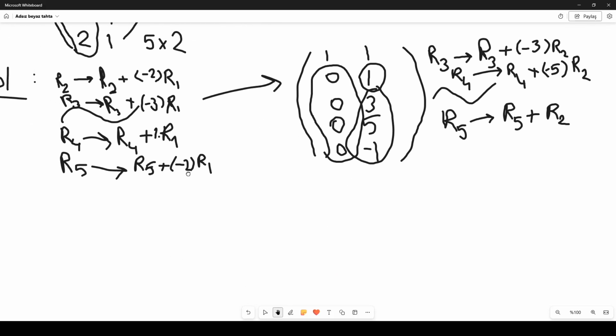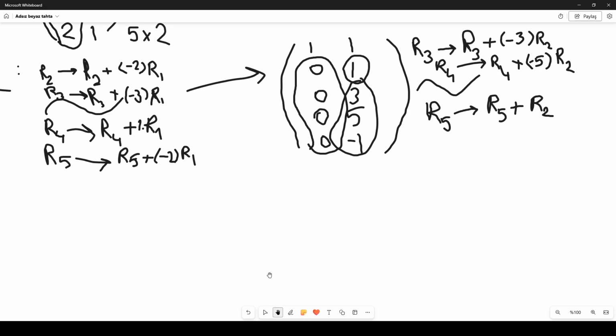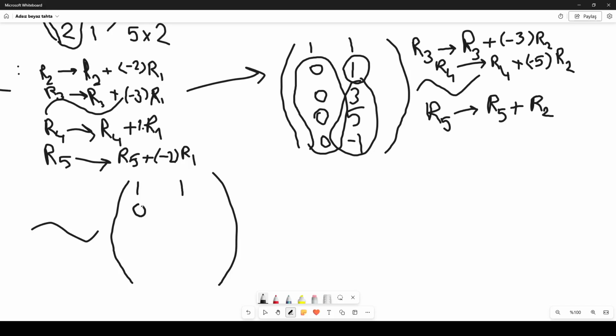And then after performing these elementary row operations, our new matrix becomes what? Let's see what we obtained. Okay, so we have 1 1 again in the first row, 0 1 in the second row, and look at this. Now 0 0, they are all equal to 0, right? So now am I done with the Gaussian elimination process?